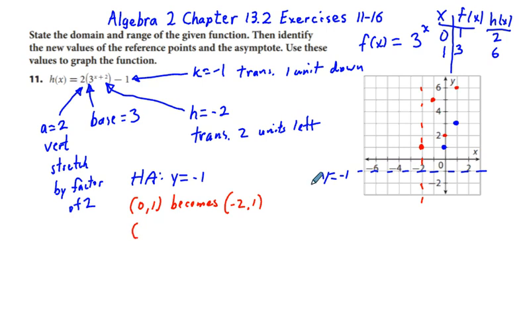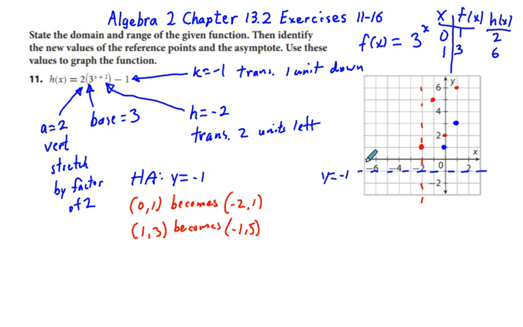And then this other one here, 1, 3, becomes, okay, we stretched it here, then moved it left 2 and down 1, so that became negative 1, 5. So those are going to be our new reference points, and then use the values to graph the function.